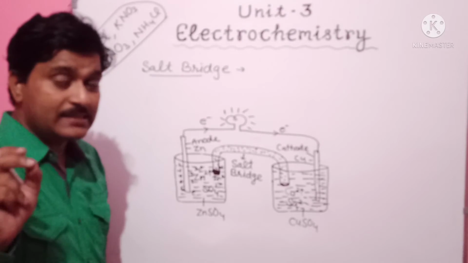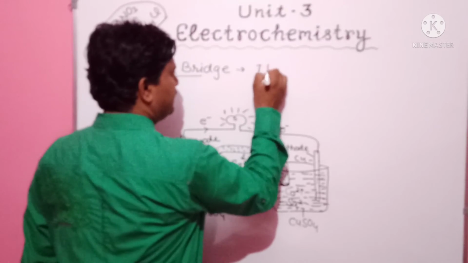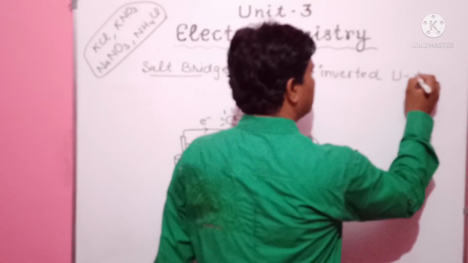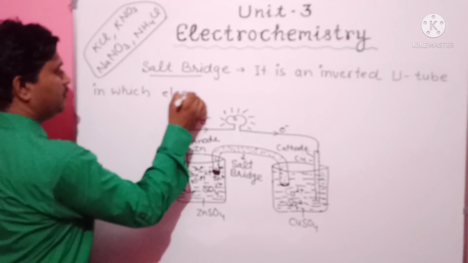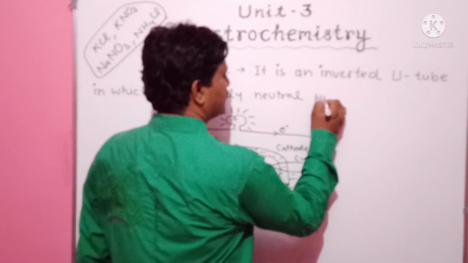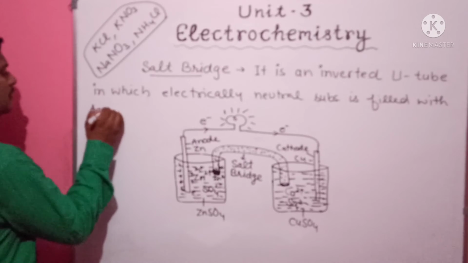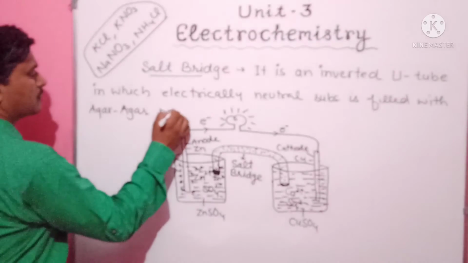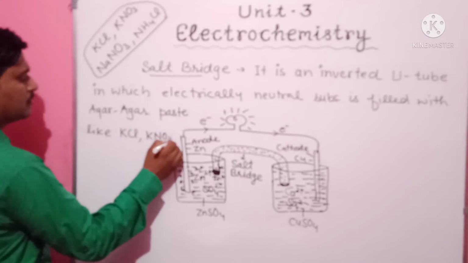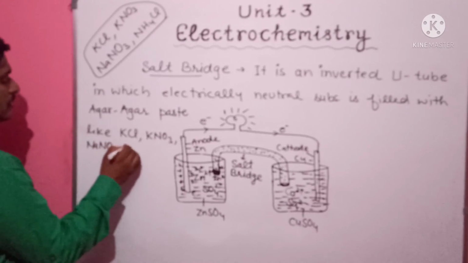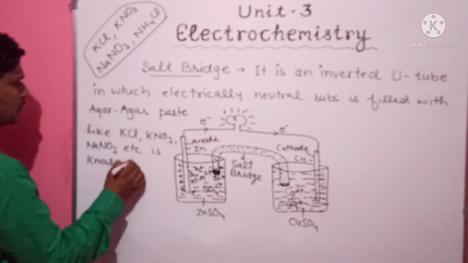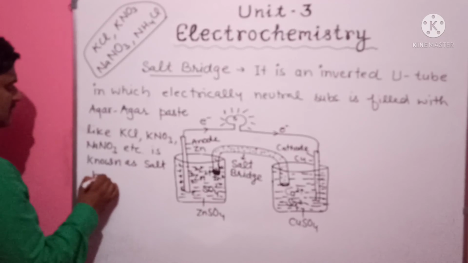A salt bridge is an inverted U-tube in which an electrically neutral substance, filled with agar paste, like KCl, KNO3, NaNO3, etc., is known as a salt bridge.